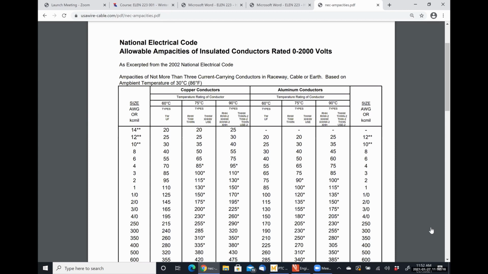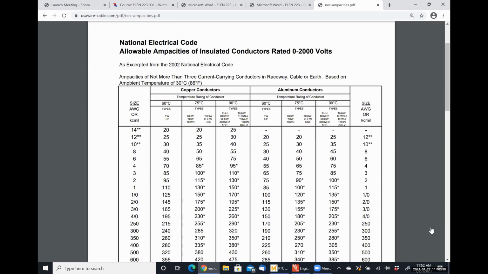If instead the insulation can only withstand 60 degrees C, then we have to use that one. So let's say that we're being on the safe side here and we're going to use a 60 degrees C insulation. That would mean that we have to use a 250 kcmil cable in order to supply power to these things.